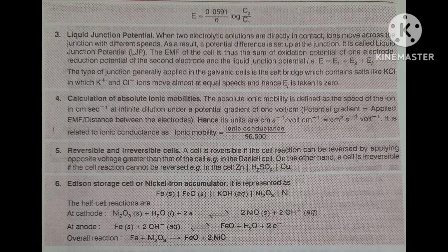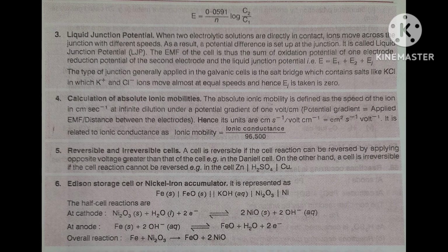Then this is actually reduction. And after that it will give 2OH. Then in final reaction 2OH will be cancelled and 2 electrons will also be cancelled. Half cell means anode reaction; one half cell is the oxidation reaction at anode and the other half cell reaction is at cathode.